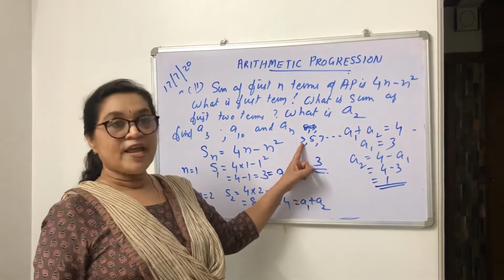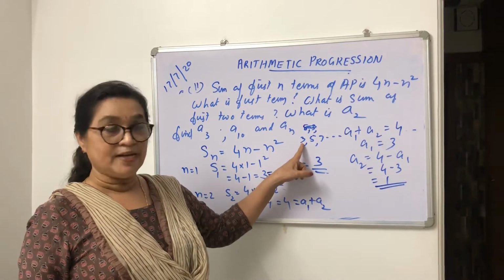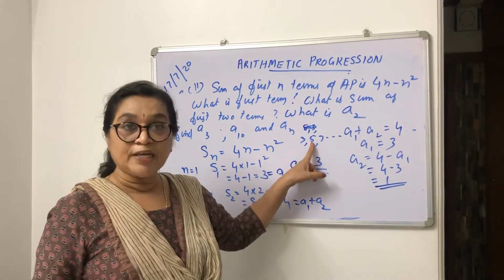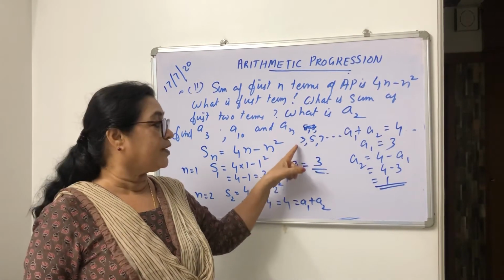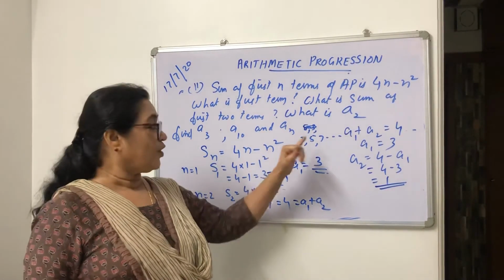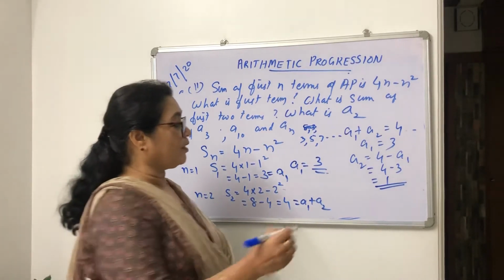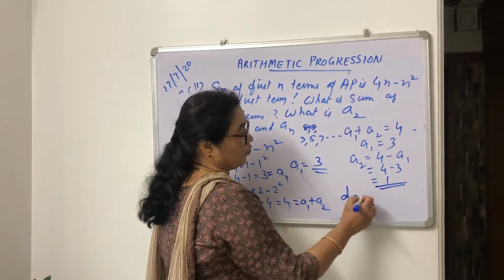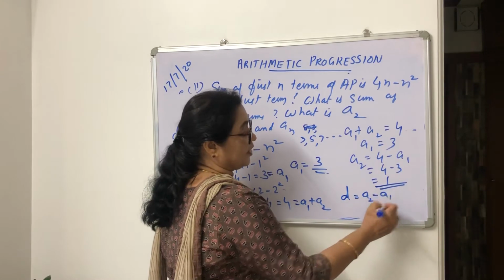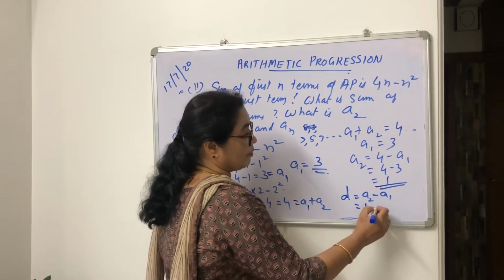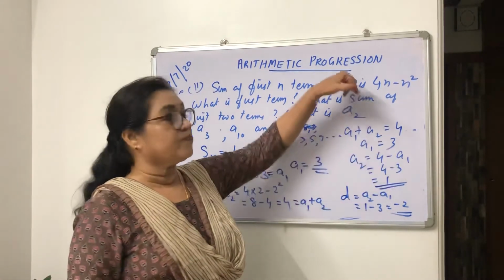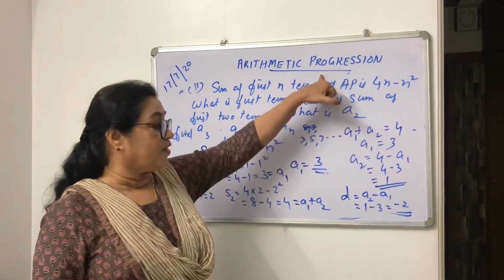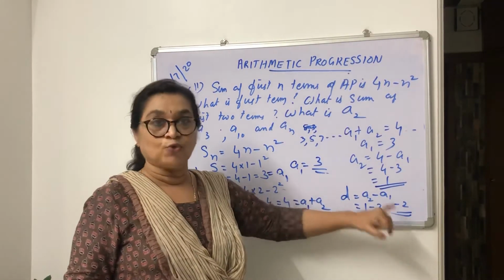A1 is the first term 3, A2 is the second term 5. How will you find out the common difference? A2 minus A1 is the common difference. So D is equal to A2 minus A1. That is 1 minus 3 is minus 2. The common difference of this AP which is given here is minus 2.